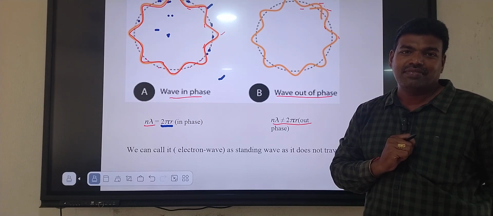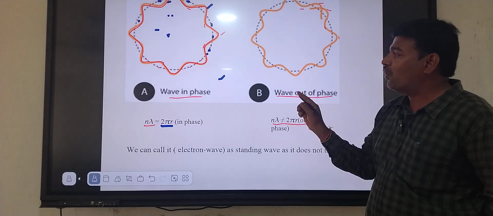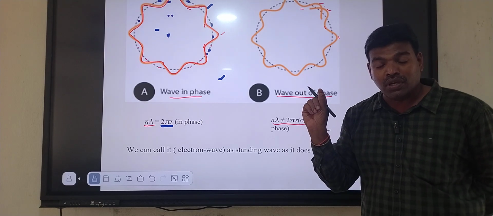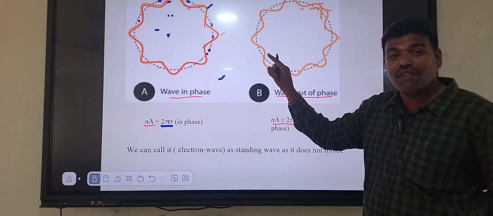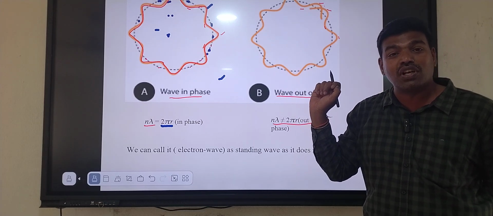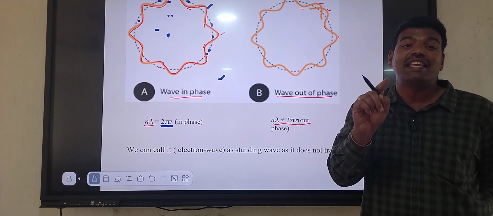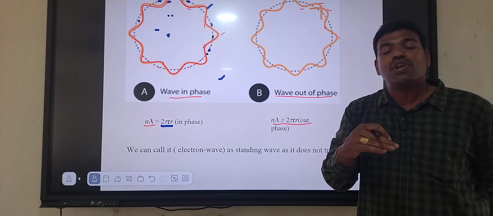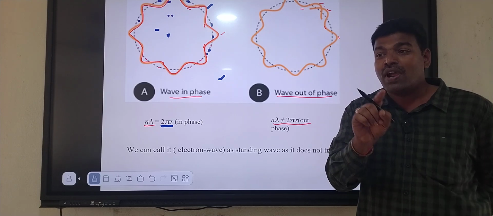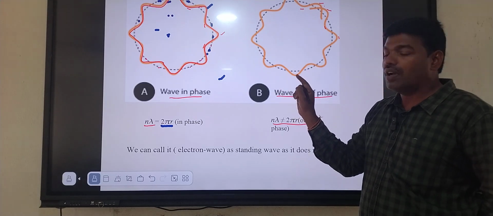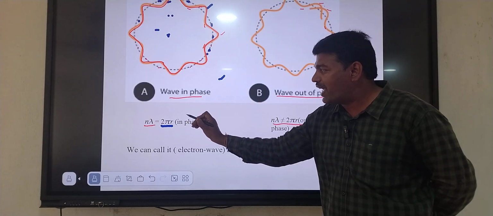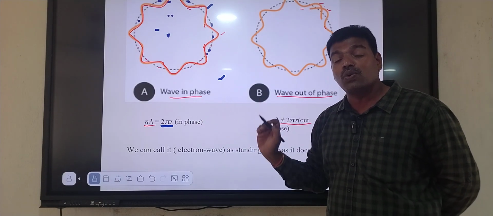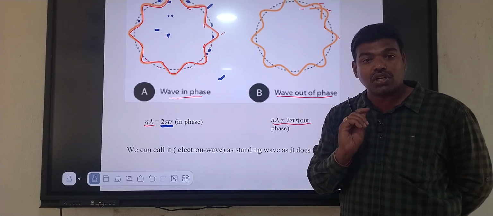interference. Therefore, de Broglie argued that the electron, which is revolving around the nucleus in a circular orbit, behaves like a wave. That's why we call it an electron wave, and the wavelength of that electron wave should be equal to n lambda, equal to the circumference of the circular orbit.